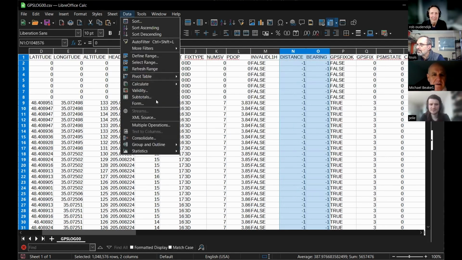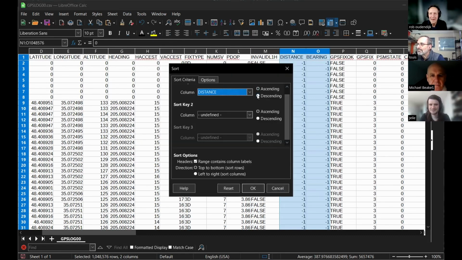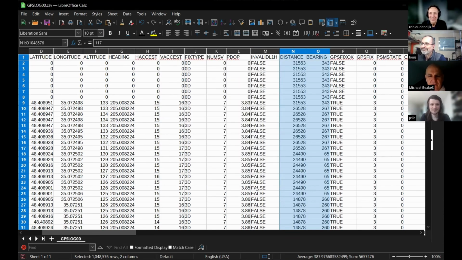Highest on top. That's descending. Now, before you click, I didn't click because I have dark mode on. The dark one is the selected one, right? Oh, yeah, that could be. There we go.